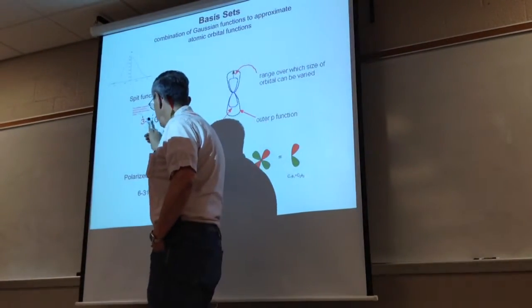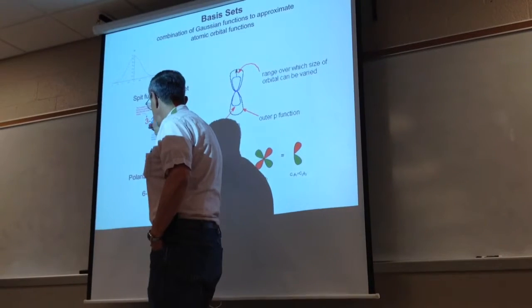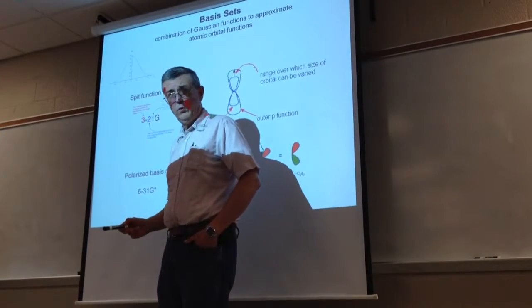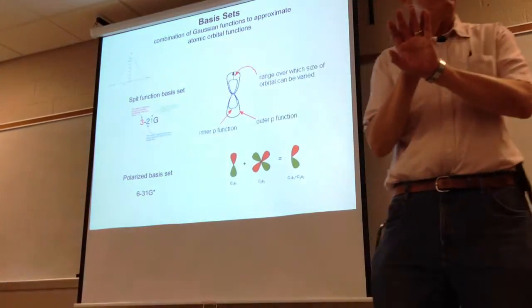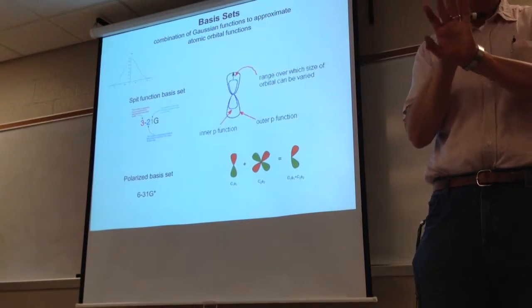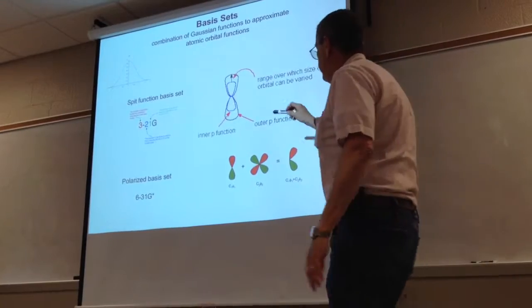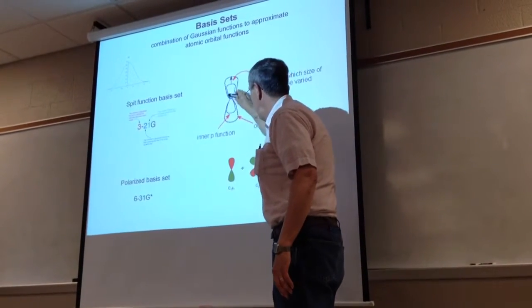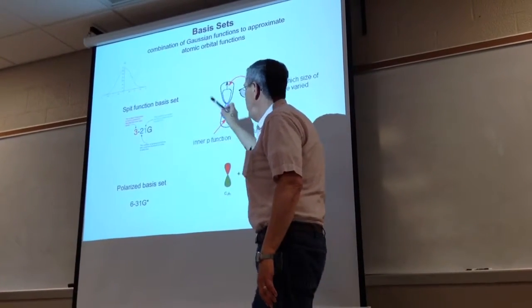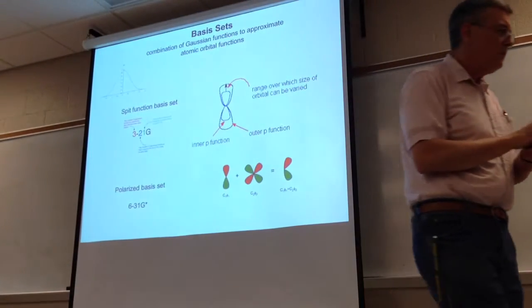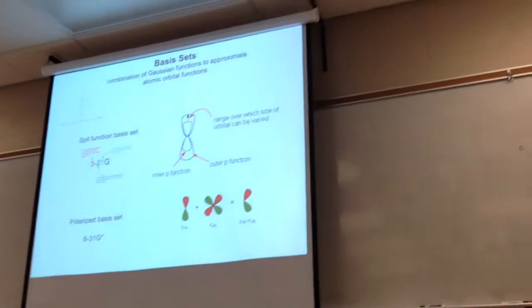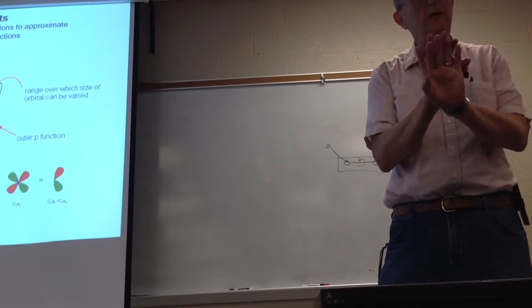It then does, this is for the valence shell orbitals, and it essentially makes 2 orbitals out of it, like this and that, using Gaussian functions to make this. And so it gets 2 orbitals to approximate 1 orbital.